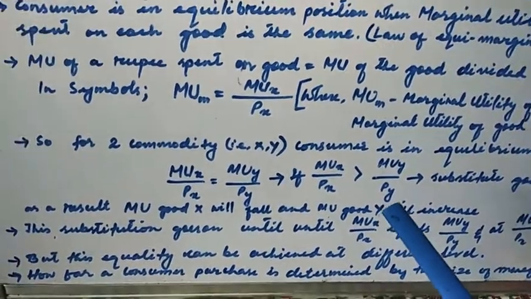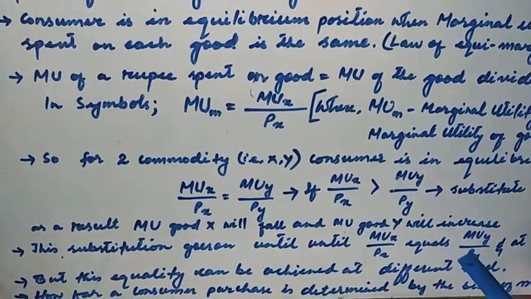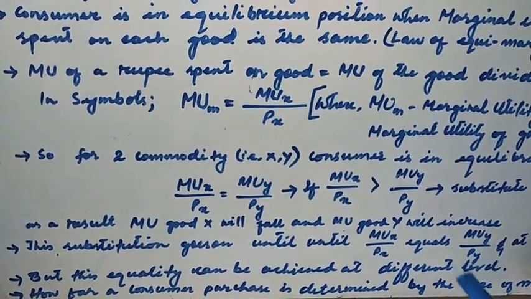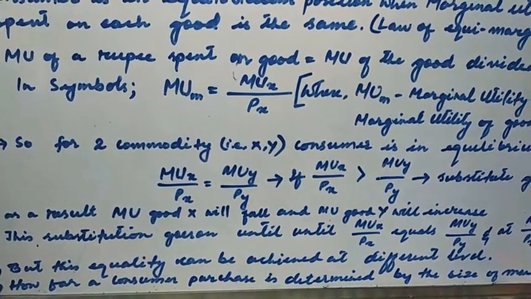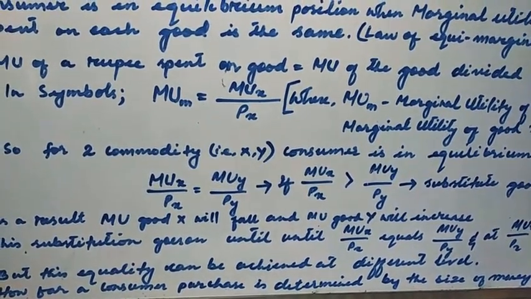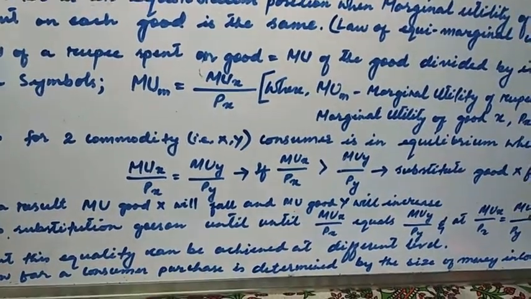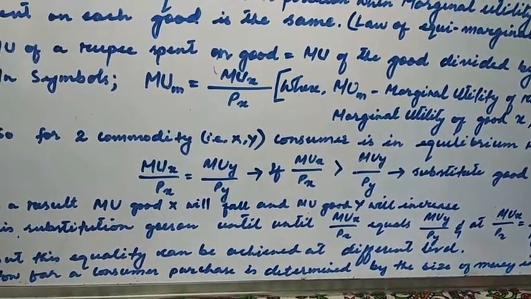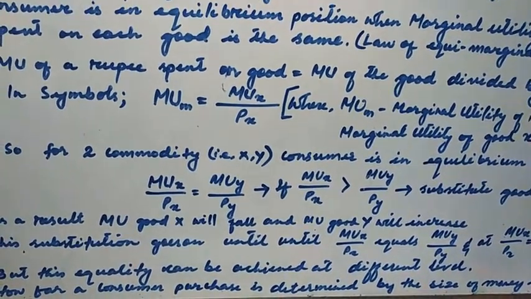So in the equilibrium position, a consumer purchases goods until the marginal utility of the last rupee spent on each good becomes equal, and he is using his money income to the fullest. He has already fully spent his money income.